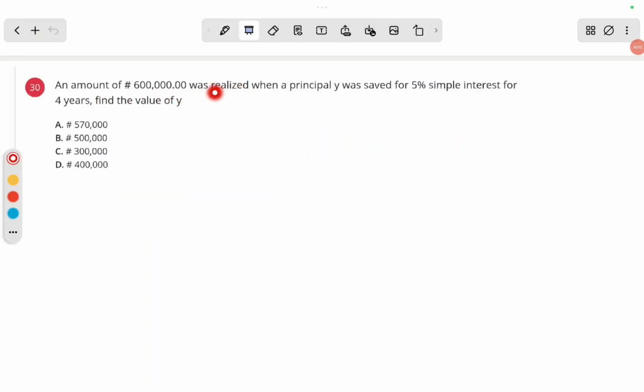Question 30. An amount of 600,000 was realized when a principal Y was saved at 5% simple interest for 4 years. Find the value of Y. We are given an amount. The amount is 600,000.